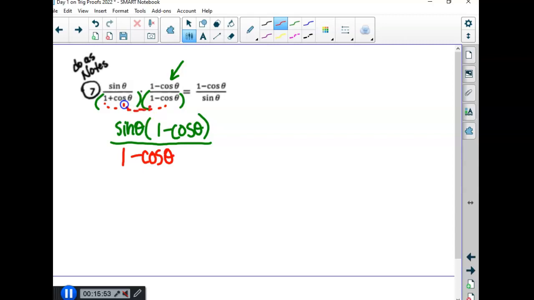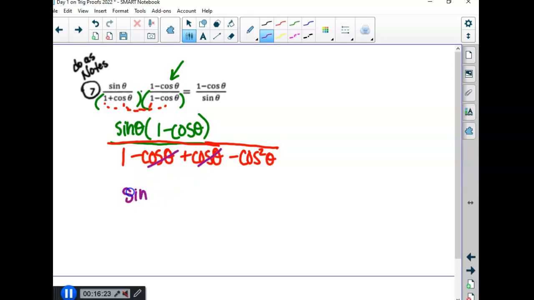Cosine times positive 1 in the inside here would be a plus cosine theta. And then the last term here times the last term here would be a negative 1 cosine squared. Anybody see where we're going with this? What happens in the middle two terms here?